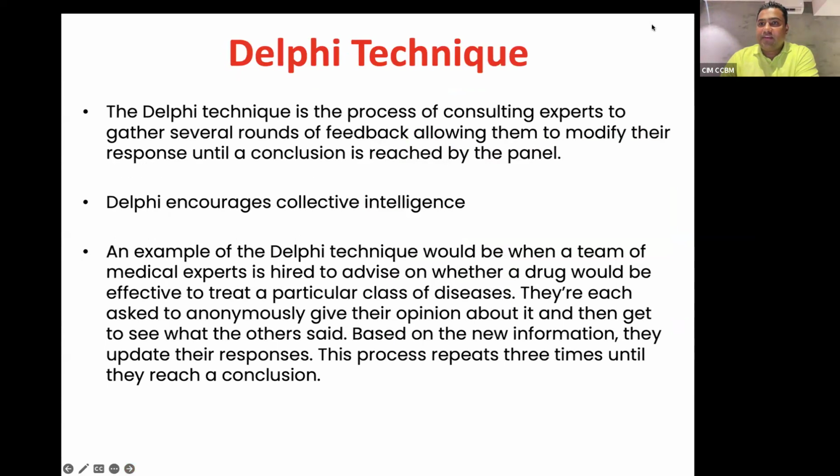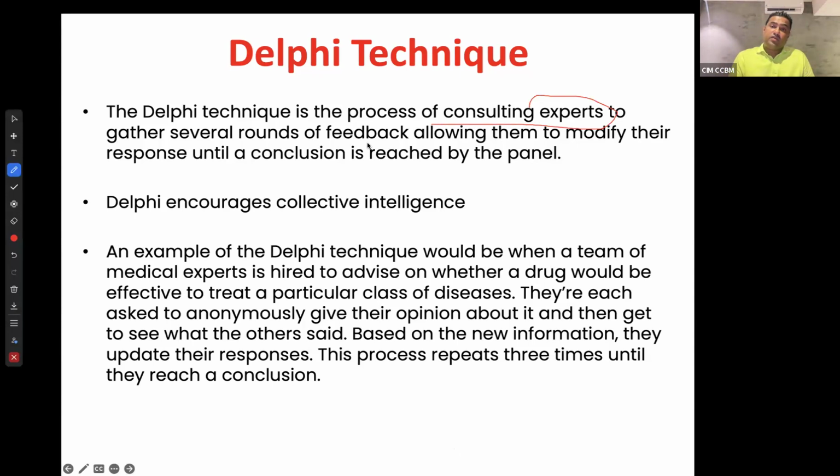So what is the Delphi technique? Now it sounds a little funny, but let me try and explain this to you. The Delphi technique is a superb technique actually. It's very, very famous. It is used a lot in complex research situations, scientific, when you really want your results to be really accurate and scientific. So the Delphi technique is a process where you get experts.